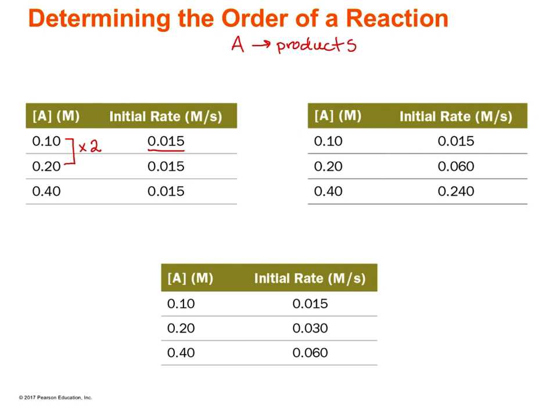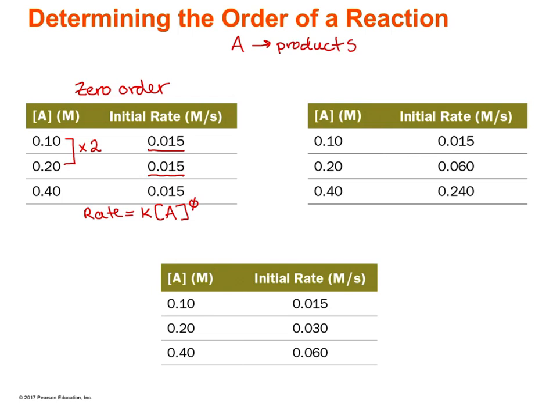And our measured initial rate was still 0.015 moles per liter per second. So because the initial rate didn't change, that tells us that we have a zero order reaction. So the rate is equal to a constant times the concentration of A to the exponent 0. So again, the rate of the reaction does not depend on the concentration of the reactant.